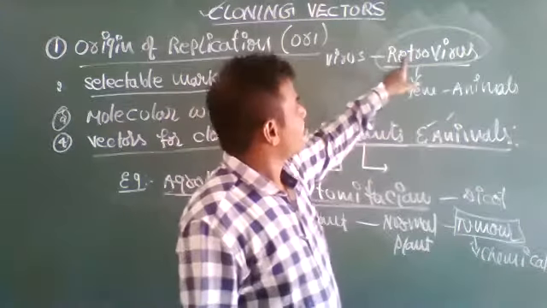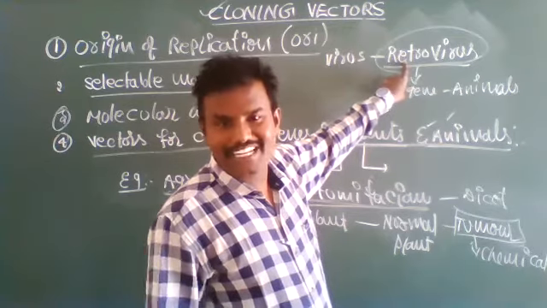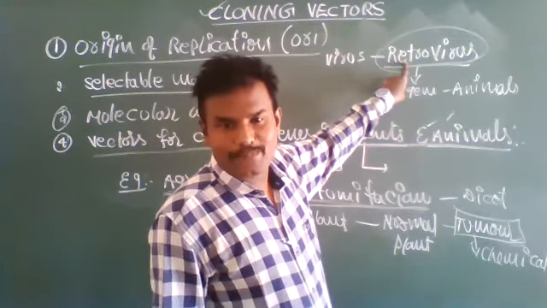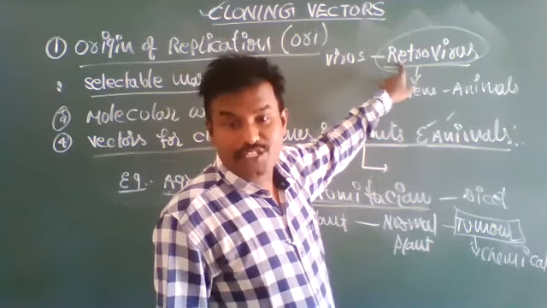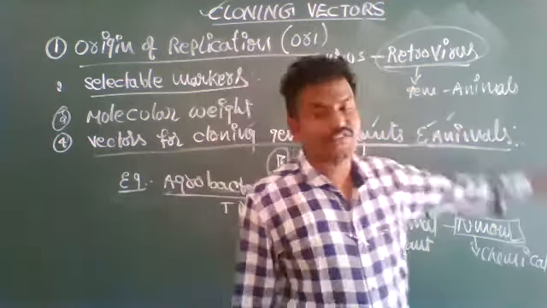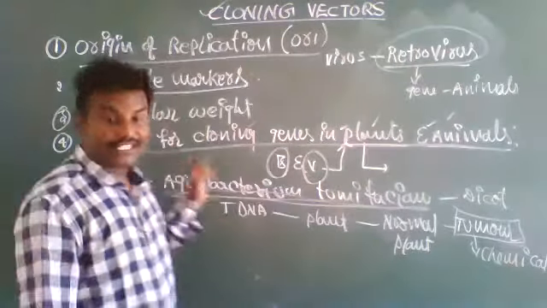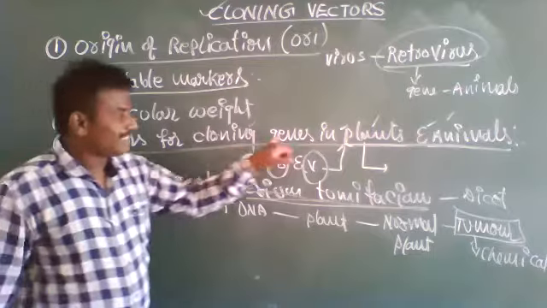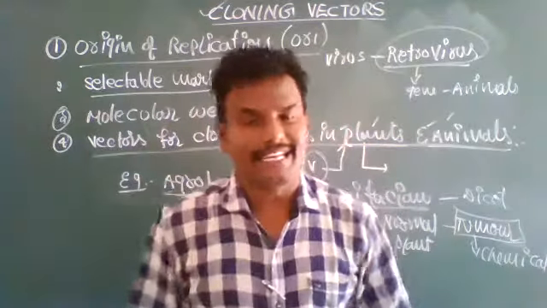In the same way, retroviruses are also disarmed, genetically modified. The cancer producing gene is eliminated and they are used as vectors to multiply the gene of our interest. Then they are transferred into the animals. That is called vectors for cloning genes, transferred into plants and animals.